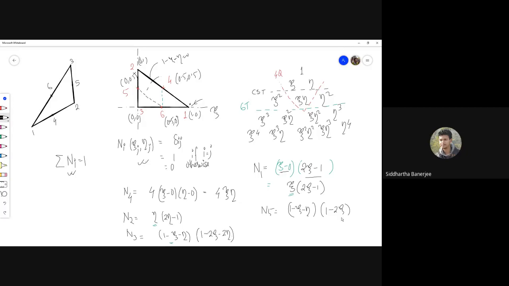So in fact 2 eta into 1 minus 2 xi. So N5 is supposed to be 0 on this line, which is eta equals 0, and this line which is 1 minus xi minus eta equals 0.